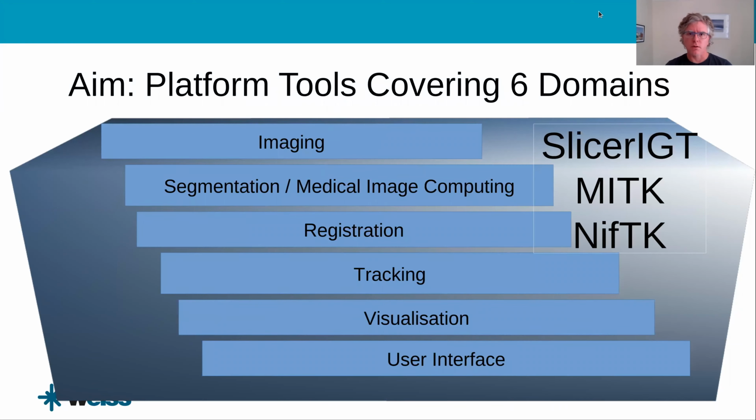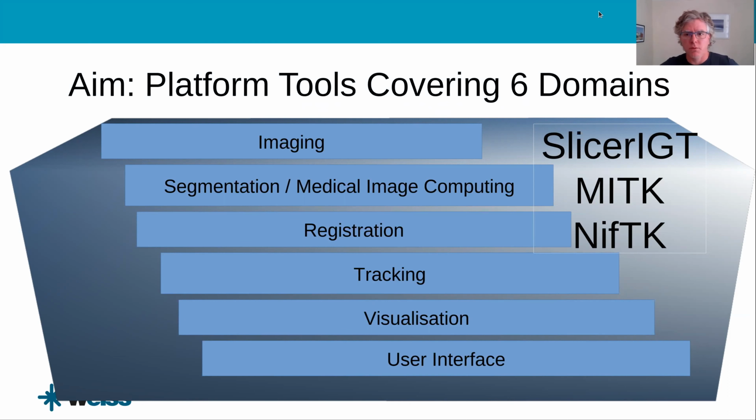So the first aim, what do we mean when we say provide tools for augmented reality research? If we look at what's required to get an application into theatre, there are six problem domains: imaging, segmentation, which is what we call medical image computing, registration of the images to the real world, tracking, visualization, and user interfaces. No single researcher can write code to cover all of these bases.